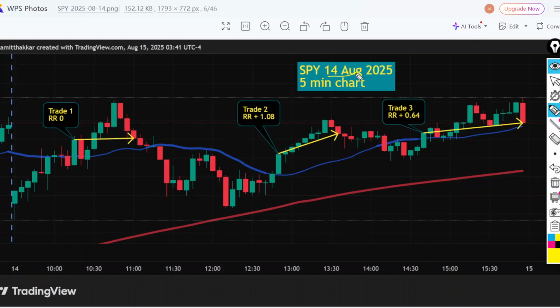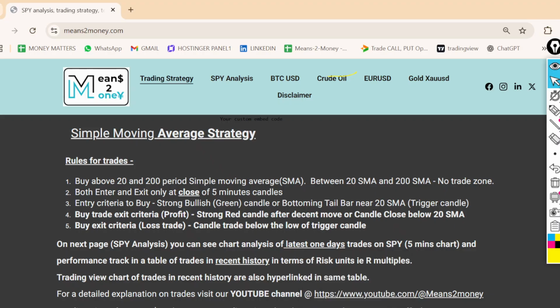Now this has been updated, it's already updated in the website. This is our website, means to money, and we should go to the second page, SPY analysis.